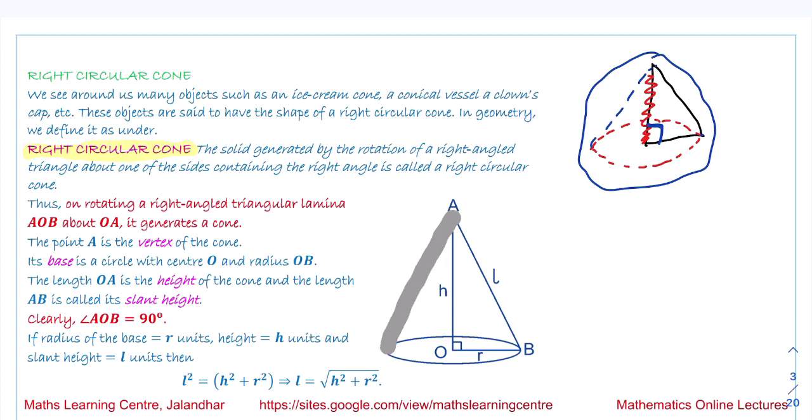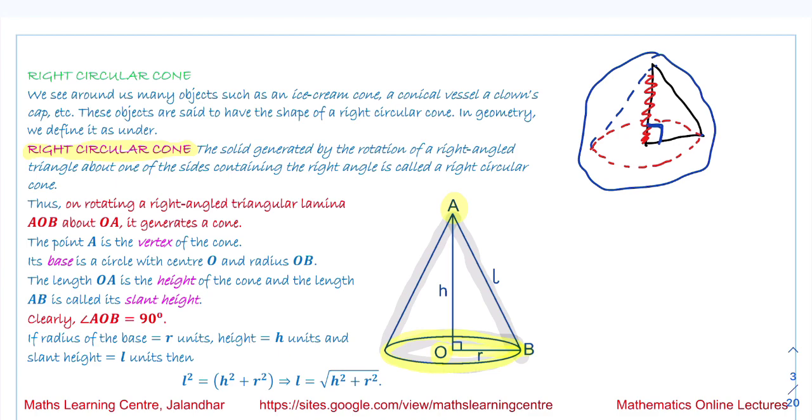If this is the cone we are talking about, then this point A is called the vertex of the cone. Its base is a circle with center at O, and radius is OB.